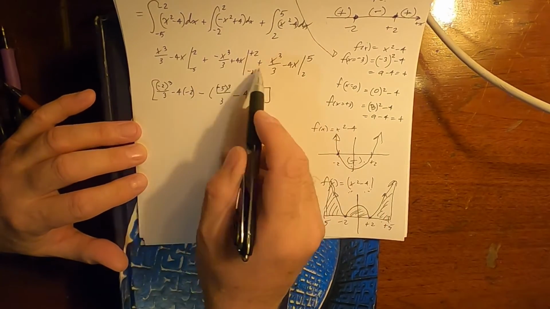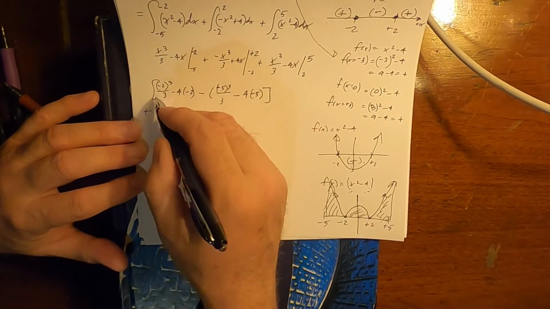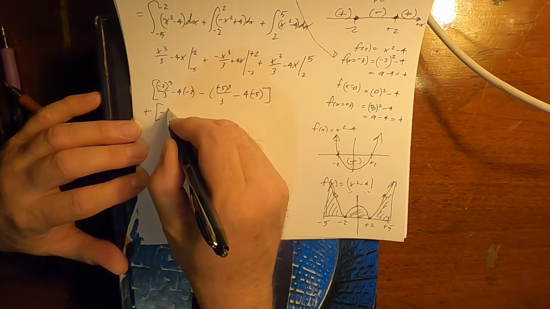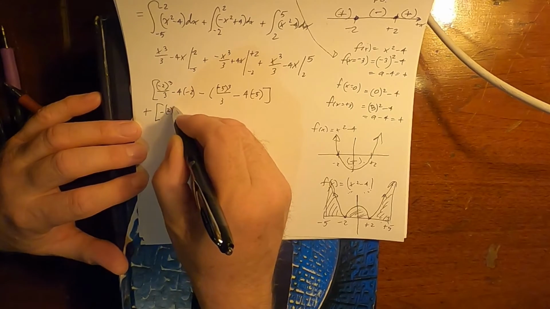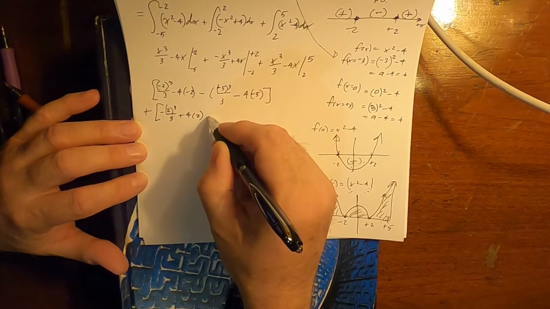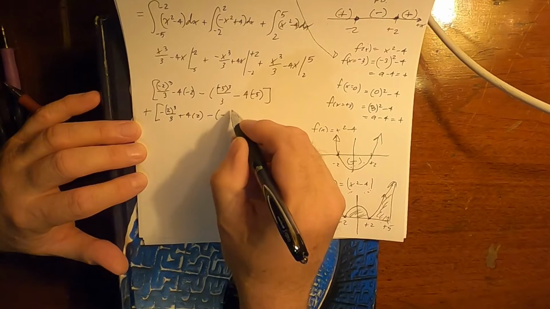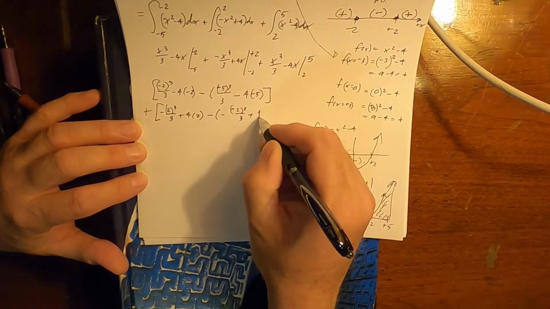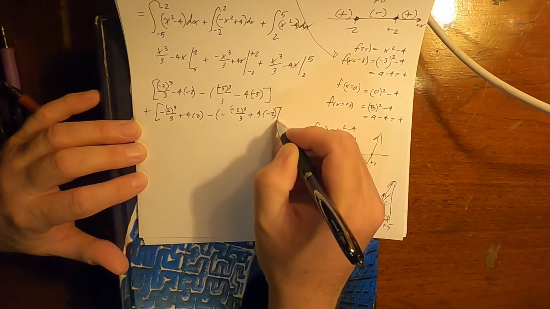Now the middle: plus 2 to the third over 3 plus 4 times 2, minus negative 2 to the third over 3 plus 4 times negative 2.